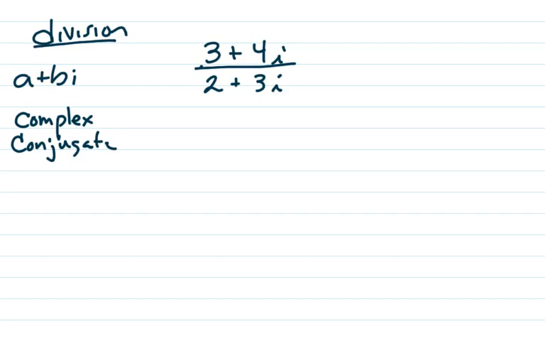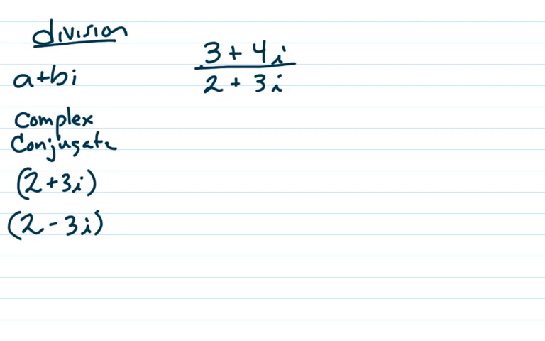The complex conjugate of 2 plus 3i is going to be 2 minus 3i. What you're essentially doing is making it a difference of squares, which is going to drop out that middle i term. The last term is going to be an i squared, so that's going to be a real number, and you'll end up with all real numbers on the bottom.